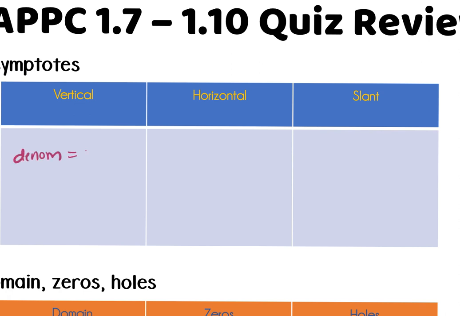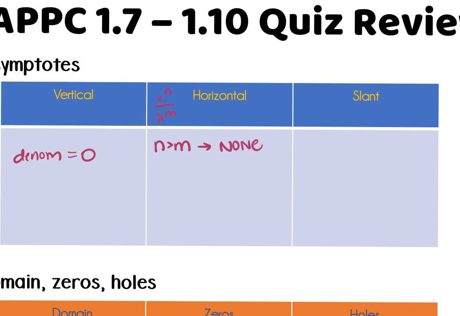Denominator equal to 0, okay? If I have to factor, I have to factor. How about your horizontal asymptotes? It would be x to the n over x to the m, and if n is bigger than m, what's your horizontal asymptote? If n is bigger than m, there's none.